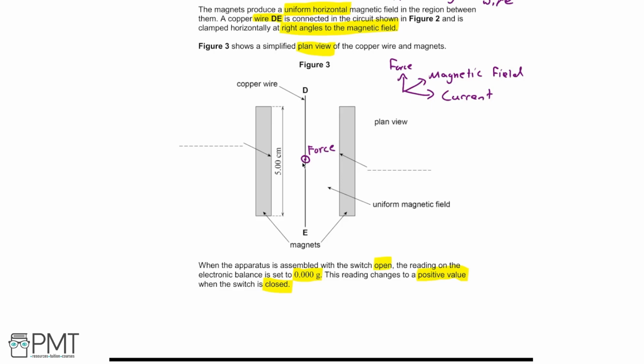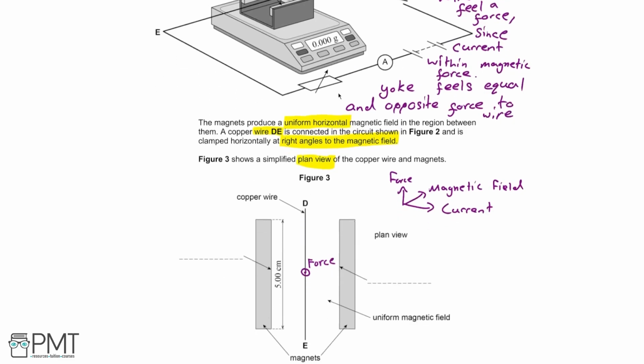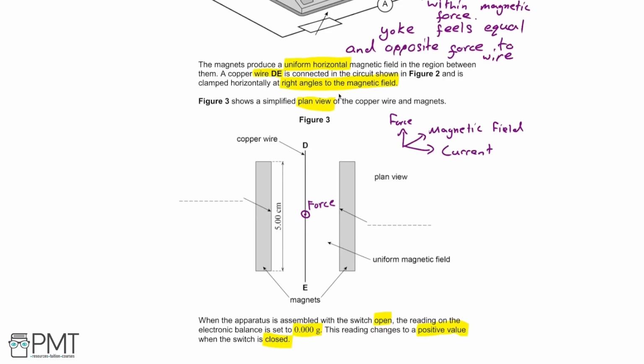Now, using Fleming's left-hand rule, we can also say what we know the current is. Because the battery is connected going from E to D as positive to negative, we know the current is flowing from E to D. So the current is flowing this way. Then what we can say is, by using Fleming's left-hand rule, if the force is going upwards and the current is going from E to D, then the magnetic field must be going from right to left.